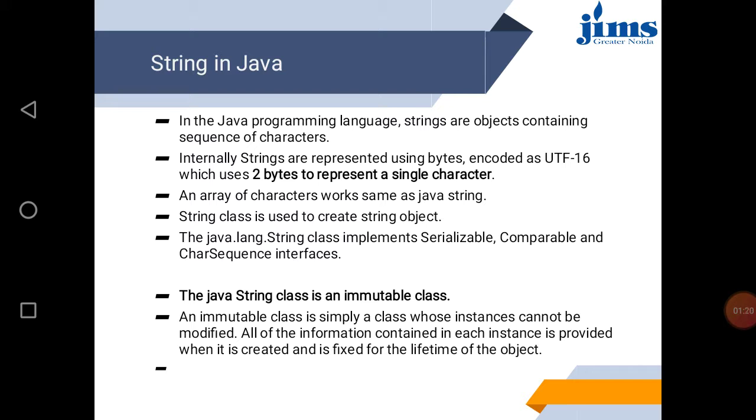A string class is used to create a string object. Whatever value we want to store as a string is basically an object, and for an object we need a class. So a string class is there in Java.